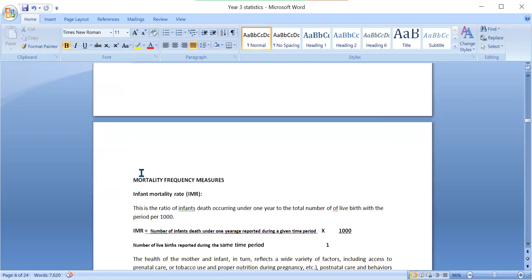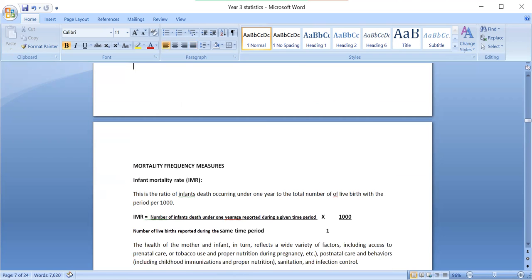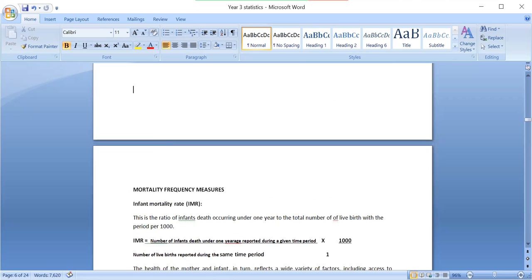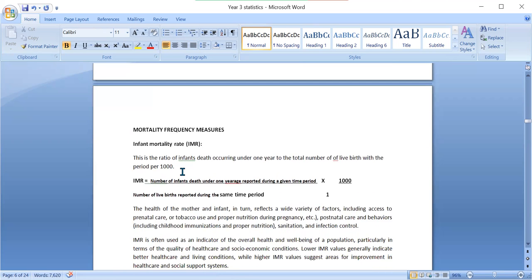All right, we will quickly look at another one today. We will look at mortality frequency measures. These are measures we use to monitor the mortality pattern in a country. One of them is infant mortality, the ratio of infant deaths occurring under 1 year to the total number of live births within the period, per 1,000.